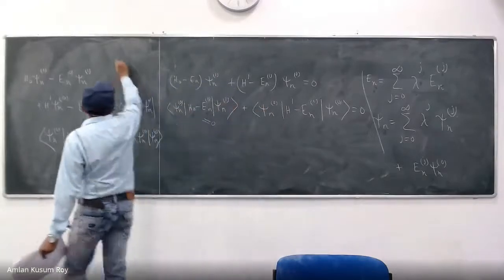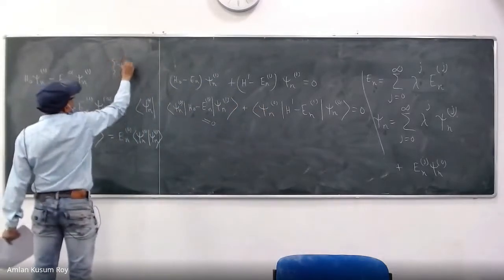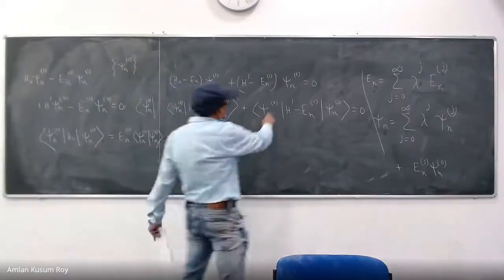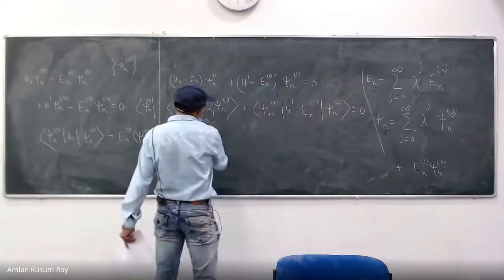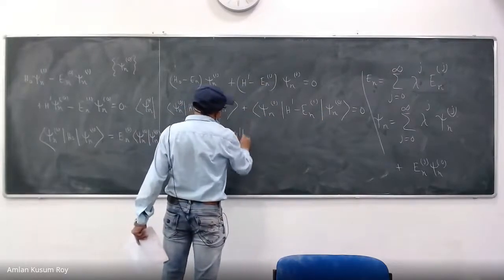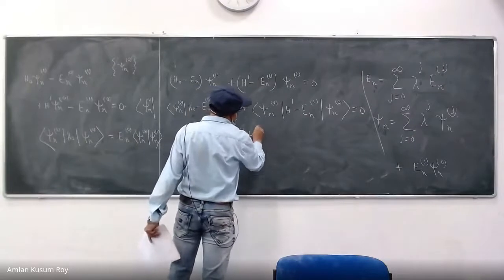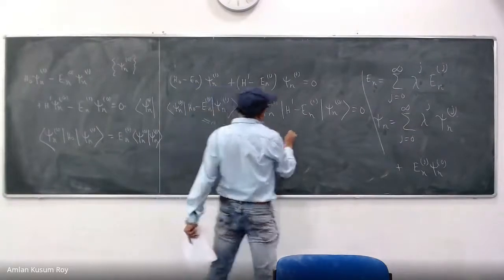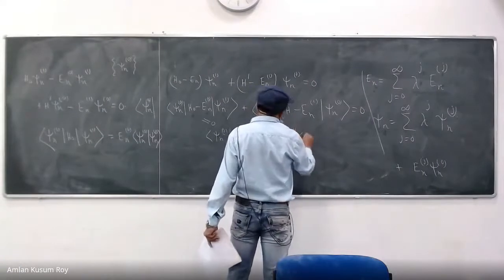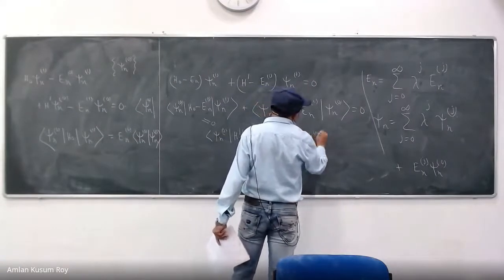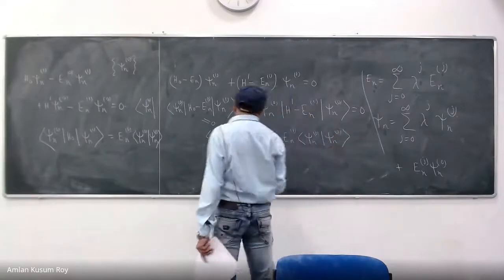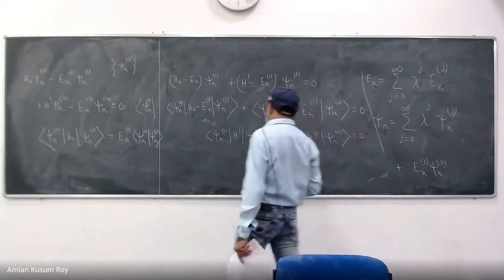Psi n0 forms a complete orthonormal set. So that means psi n0 H prime psi n0 minus En1, which is a constant, times psi n0 psi n0, equals 0.